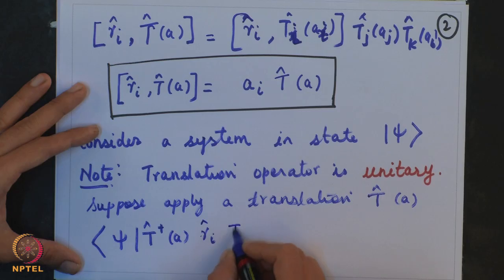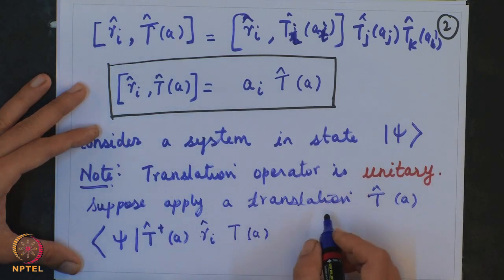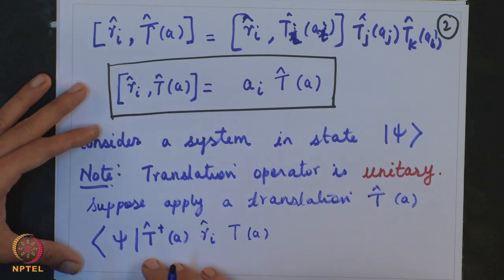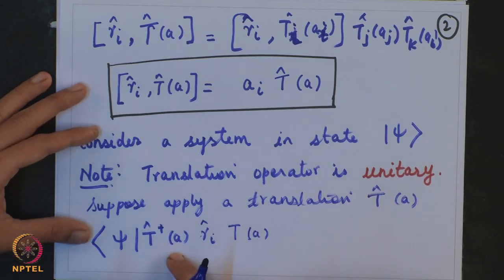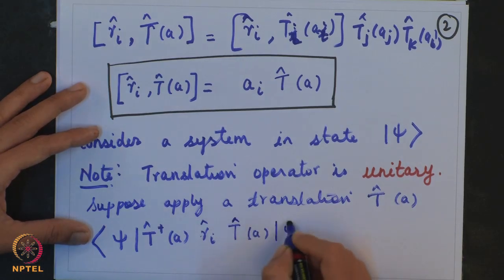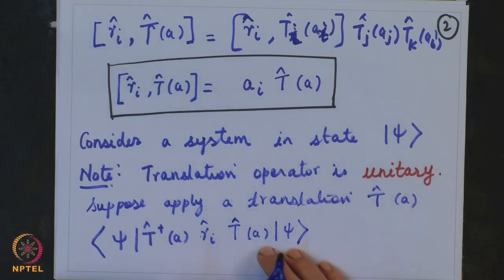We are finding the expectation value of R_i, which is what we are asked to find, but on this state we are applying the translational operator. So, T acts on psi on the right and T dagger on psi on the left, because T will become T dagger.